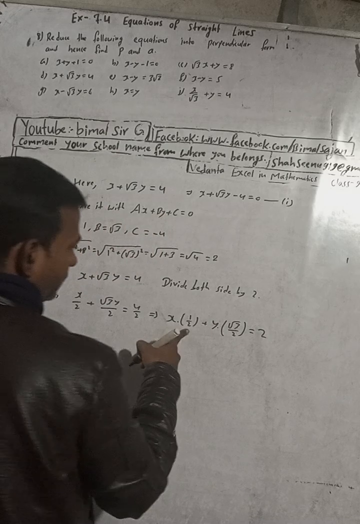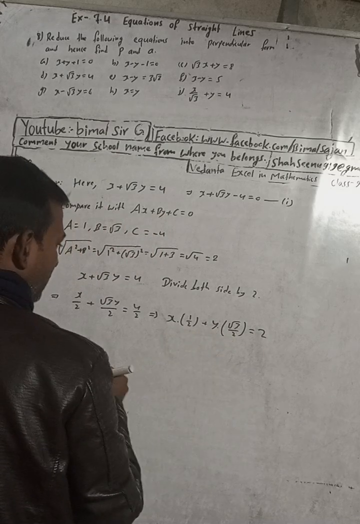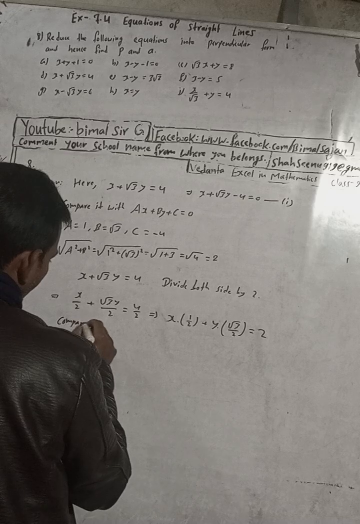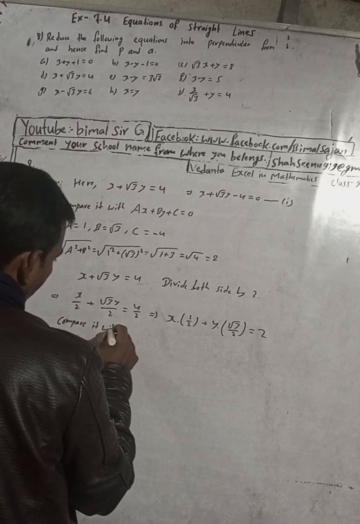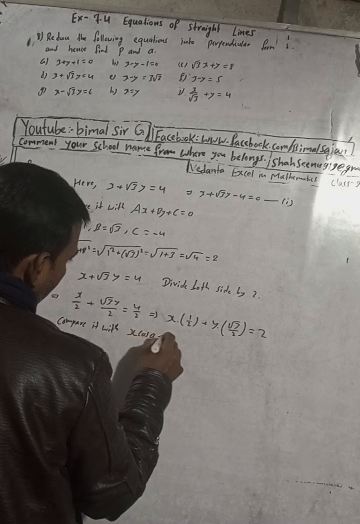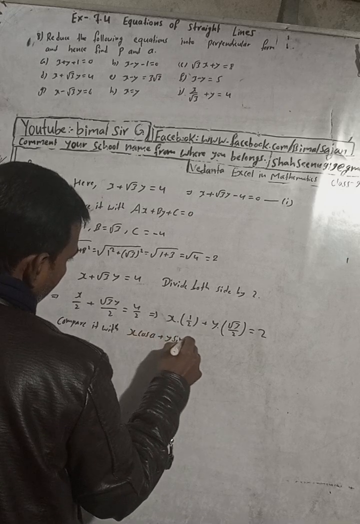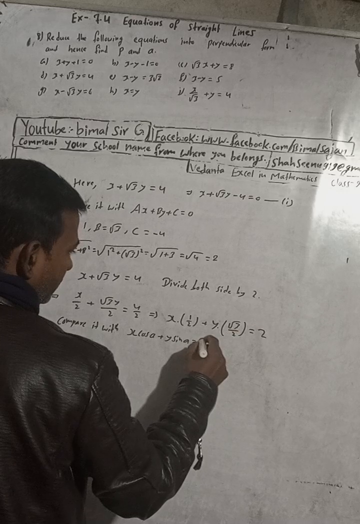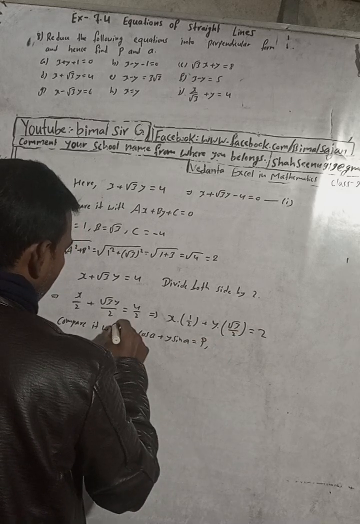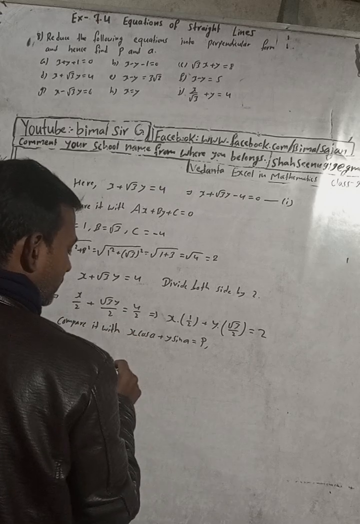Now this is of the form x cos alpha plus y sin alpha is equal to p, so compare it with that.